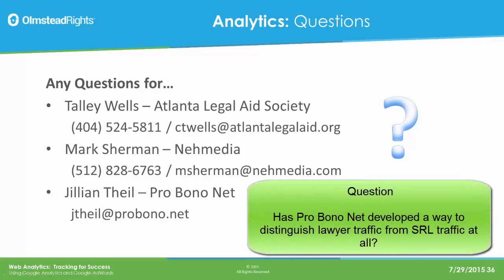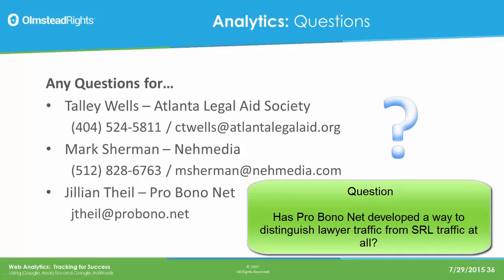The question is for pro bono: developing a way to distinguish lawyer traffic from SRL traffic. One thing you can do, which is one of the most powerful things within Google Analytics, is something called advanced segments, where you can put in criteria like whoever hit your legal advocacy pages, which would be considered the lawyer pages.